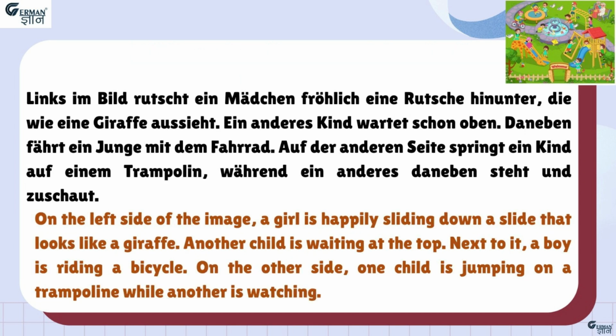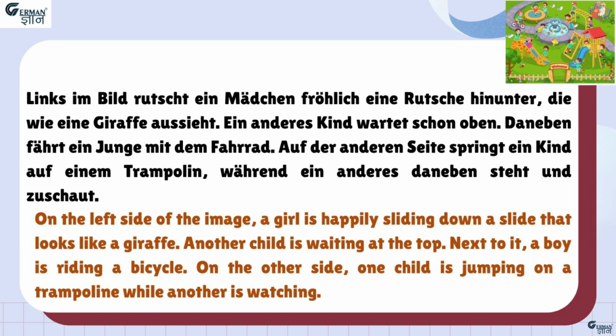Links im Bild rutscht ein Mädchen fröhlich eine Rutsche hinunter, die wie eine Giraffe aussieht, means on the left side of the image a girl is happily sliding down a slide that looks like a giraffe. Ein anderes Kind wartet schon oben.